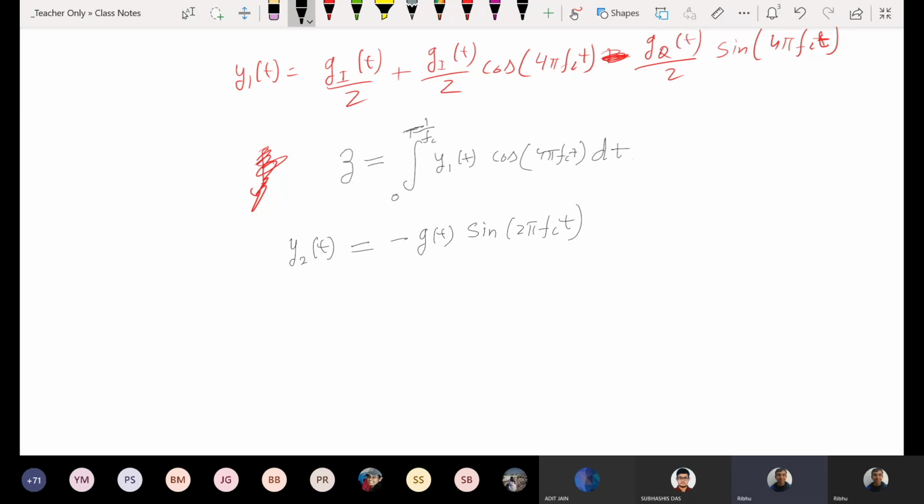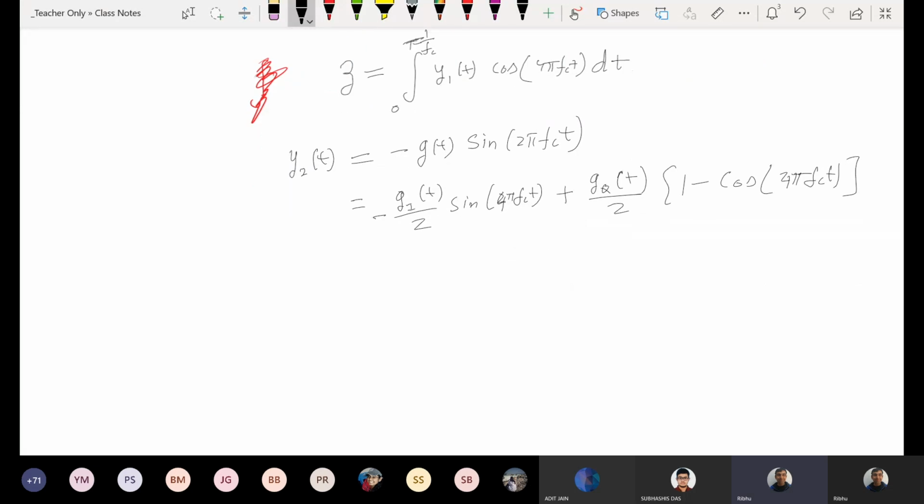So what I'll get is g_I(t) by 2 sine, sorry, sine 4 pi fct, minus minus plus, this is minus g_Q(t) by 2 times 1 minus cos 4 pi fct. I've skipped a step, but you could do that.